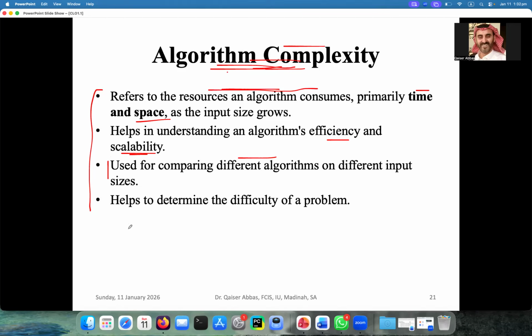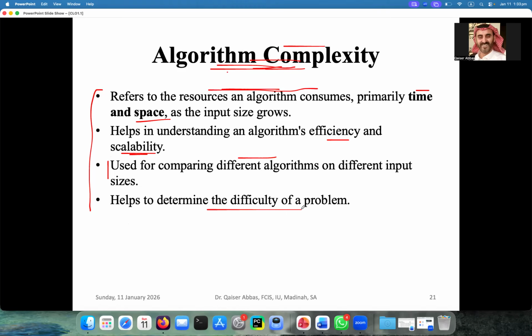And the last helps to determine the difficulty of a problem. The algorithm is complex. That answer which you will give finally, in the form of big O or big omega or theta, will also give us a hint whether this problem is complex or not.